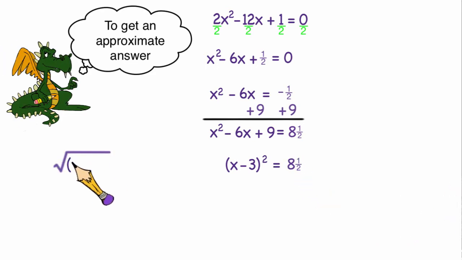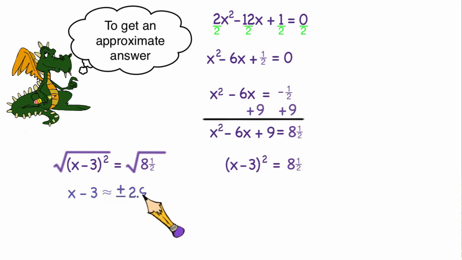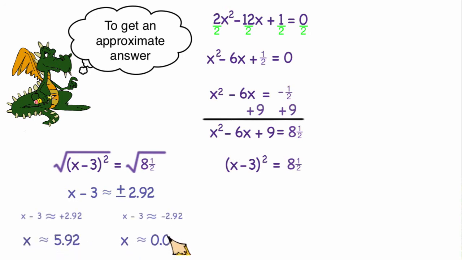Now let's take the square root of both sides of the equation. The square root of (x minus 3) squared is x minus 3, and the square root of 8.5 is approximately plus or minus 2.92. Now we need to solve the two separate equations, and we find that our values for x are approximately 5.92 and 0.08.